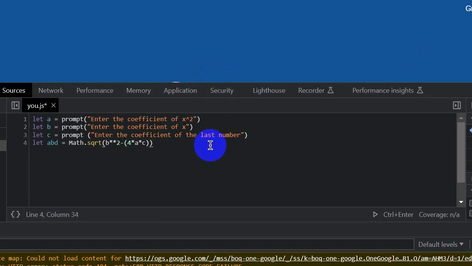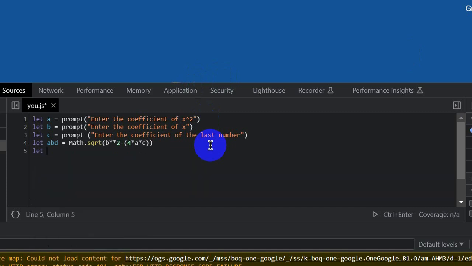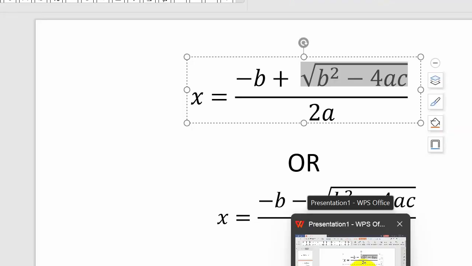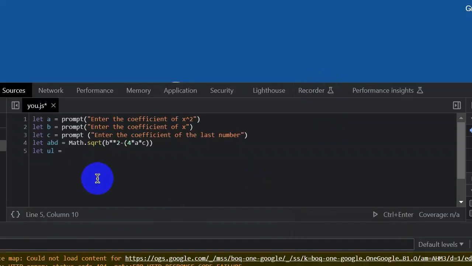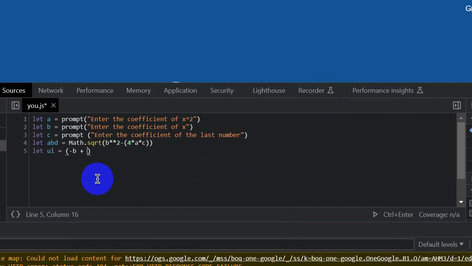So then let's go. Let's say, var ul is equals to, this is very critical. This is what you now do. Put inside bracket minus b, that b that is in first place, plus abd.